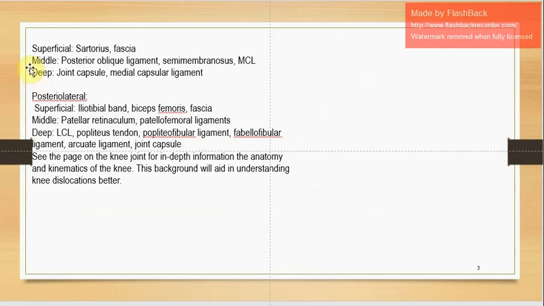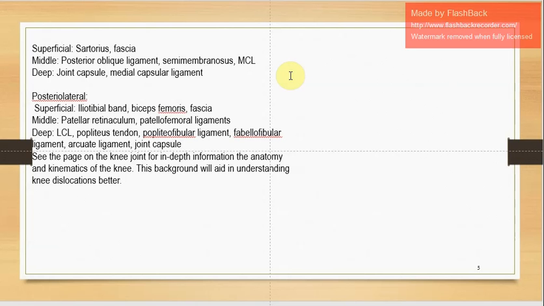Superficially you have the sartorius and the fascia. In the middle layer you have the posterior oblique ligament, semimembranosus, and the medial collateral ligament. Deep, you have the joint capsule, the medial capsule. On the posterolateral side, superficially you have the iliotibial band, biceps femoris, and the fascia.